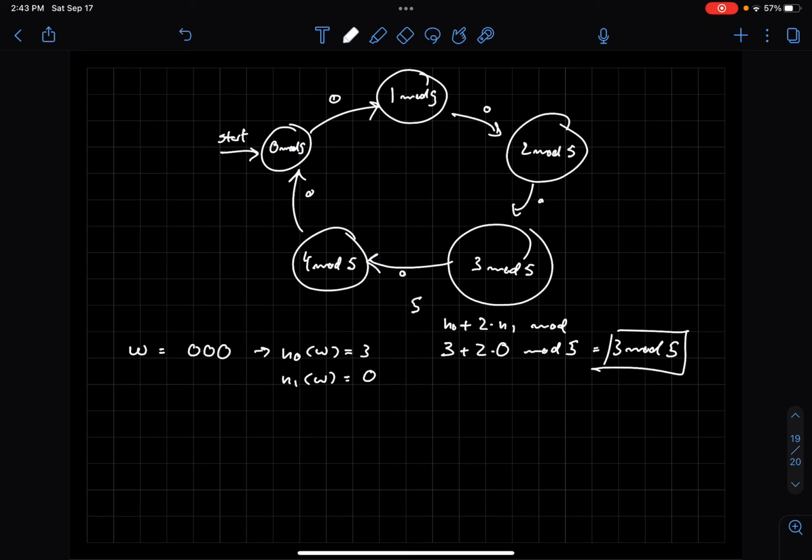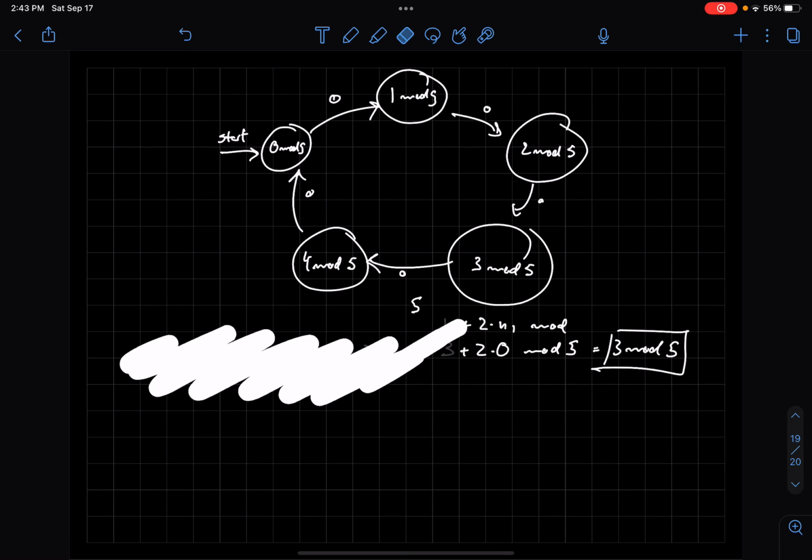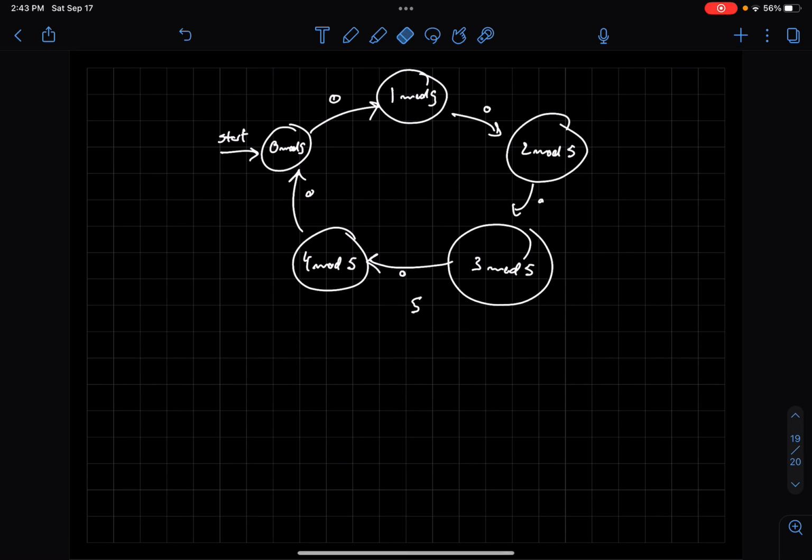I'm going to erase this just so we don't confuse each other. That was for the number of zeros. Now the number of ones. Suppose I have some string W that I've read, and that string W has n0 plus 2 n1 mod 5.